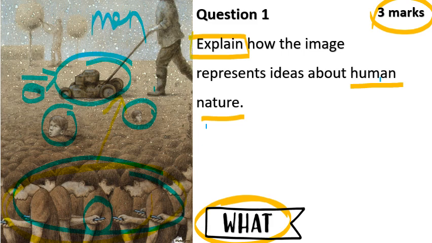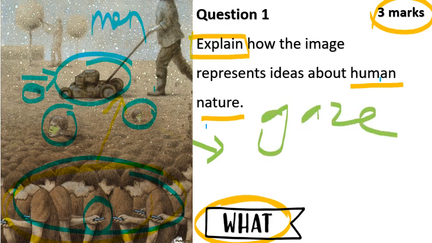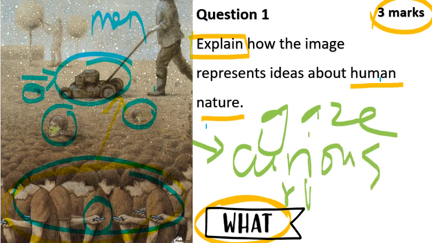So when I see this image, I feel like these boys up here, because of their gaze, because of how their eyes are looking out, can you see how their gaze is looking out? That makes me think that maybe they are curious, maybe they are risk takers.